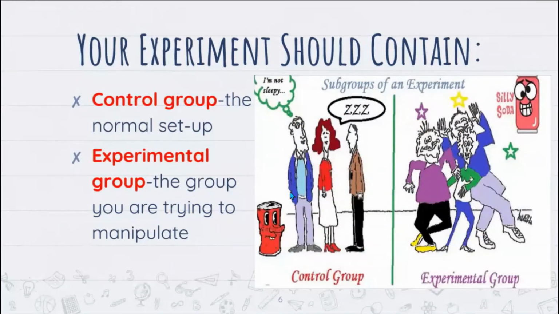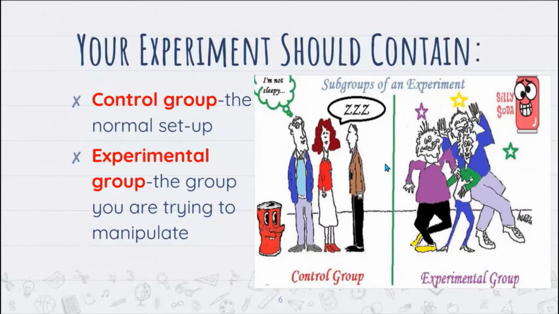Okay, so if you wish to test something that has not been tested before, you test it in the experimental group. While for the control group, you are just going to give them the typical setup. Now, what is the importance of having a control group and experimental group?